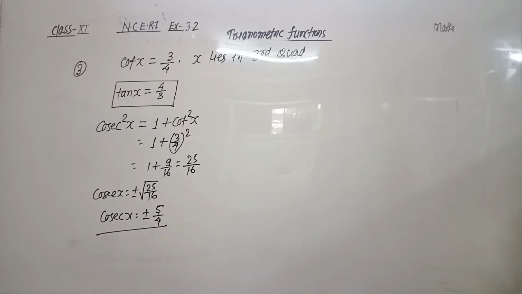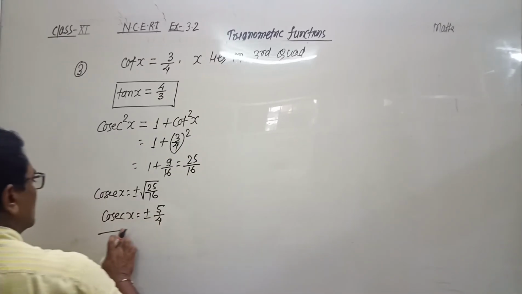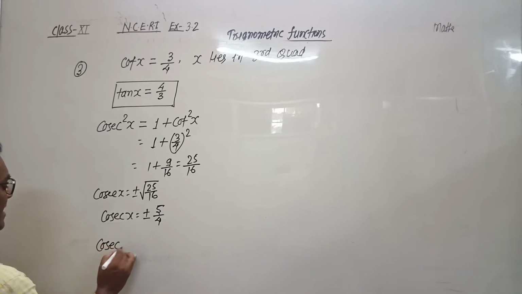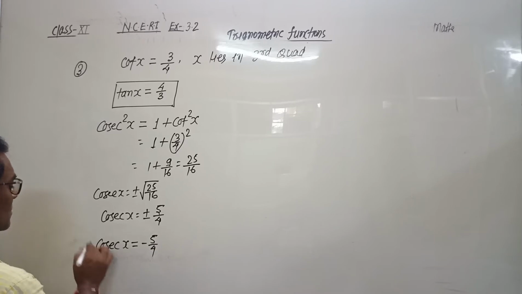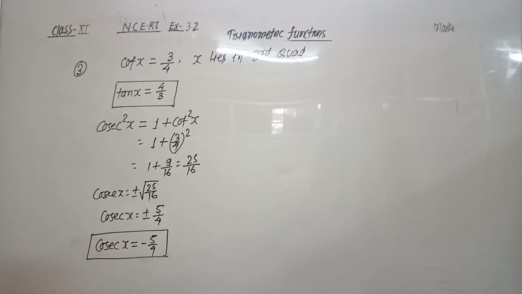And in the third quadrant, cosec x is negative. So we put the negative sign. Cosec x equals minus 5/4.